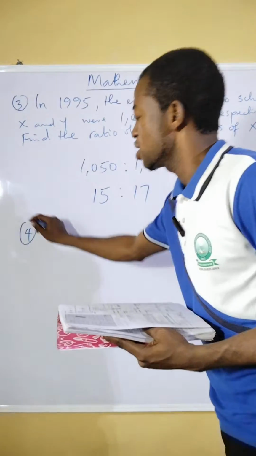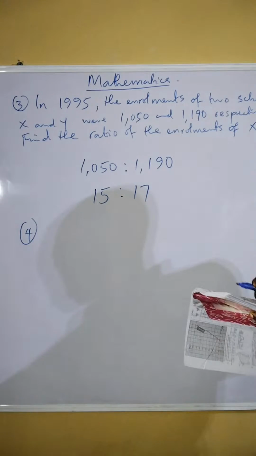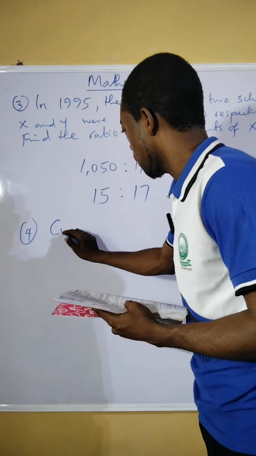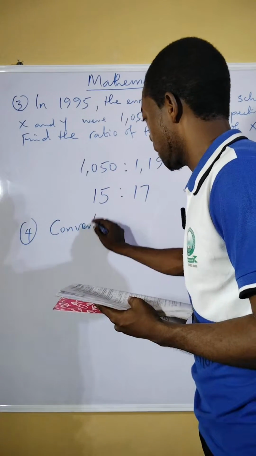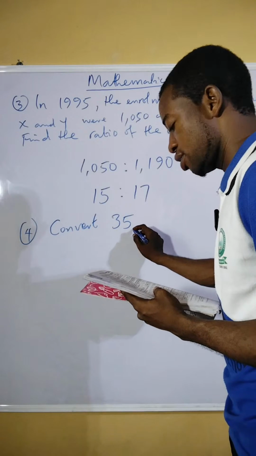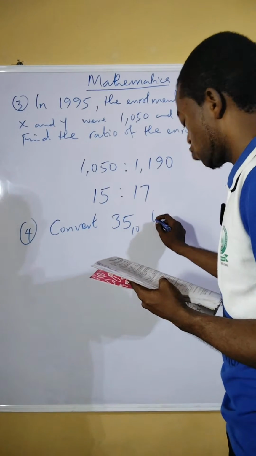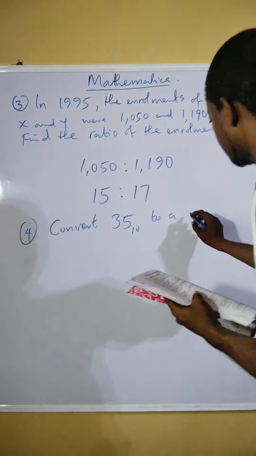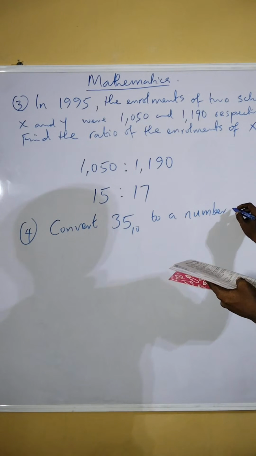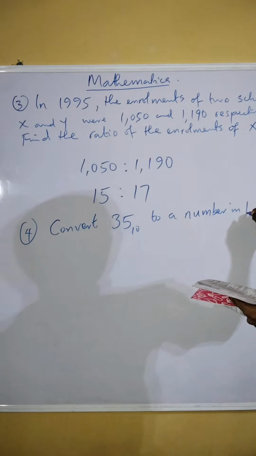Let's consider the next question here. This question says convert 35 from base 10 to a number in base 2.